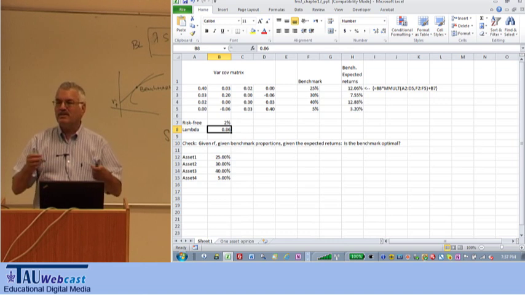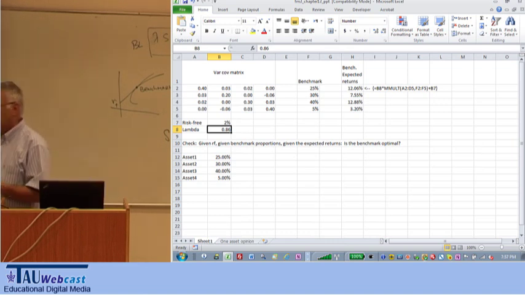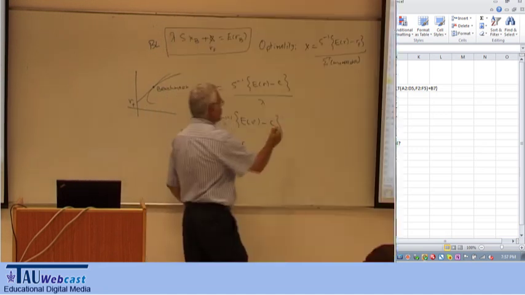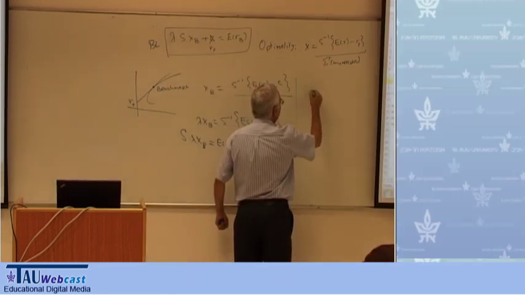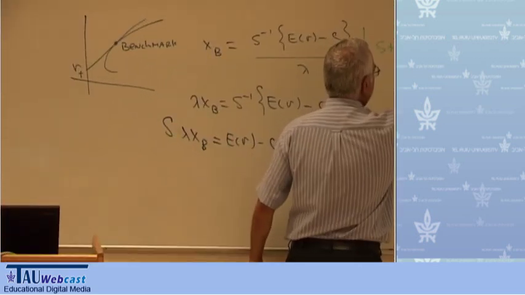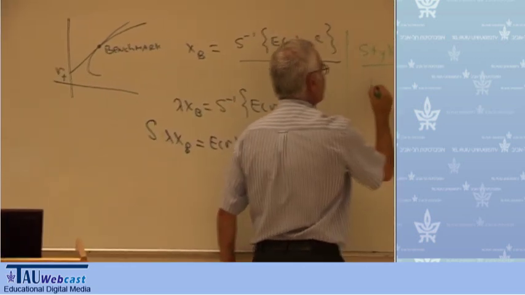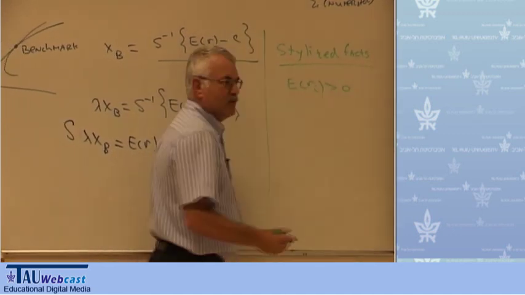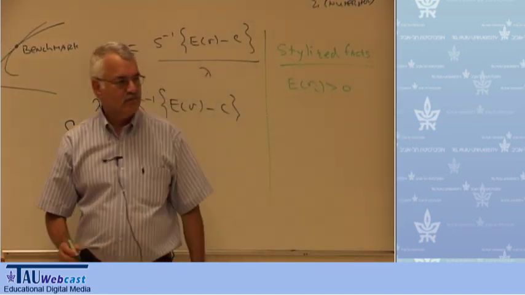It's actually, what is a stylized fact about expected returns? I think maybe two things. Well, the first thing is you would expect the expected return of most assets to be positive.